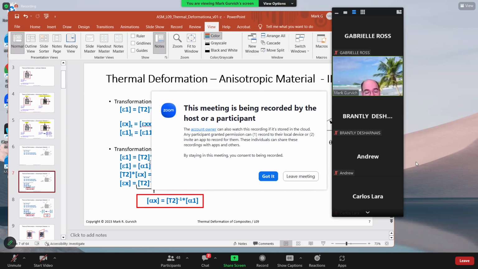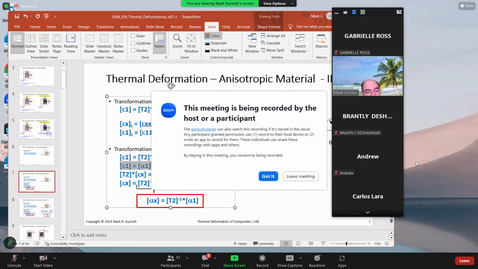So what we are doing, this is a first equation, exactly the same as we had at the top with respect to transformation of strains. Now, from the previous slide, we know that epsilon sub 1 can be defined as unit matrix, alpha sub 1, multiplied by scalar delta t.